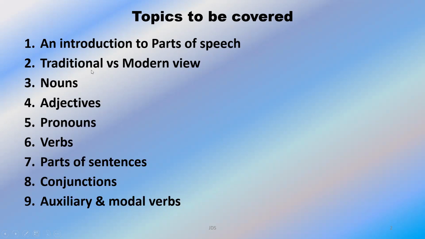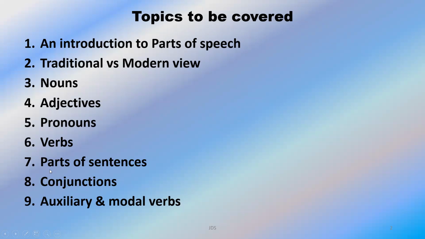From the traditional point of view, how the traditional grammarians view parts of speech and how the modern grammarians view parts of speech. Then we will be focusing on some of the parts of speech, that is nouns, adjectives, pronouns, and verbs. These are the 4 important parts of speech or word classes that we will be discussing.